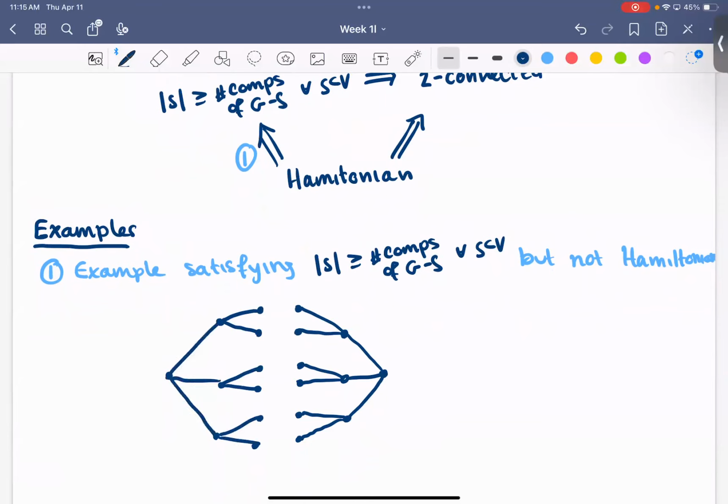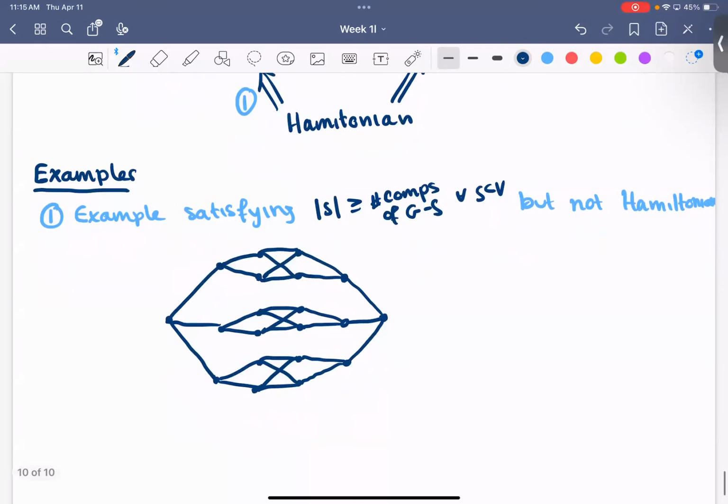And then in each of these, we have this kind of thing going on. Okay, take a minute to think about why this satisfies the proposition, but also why it's not Hamiltonian.